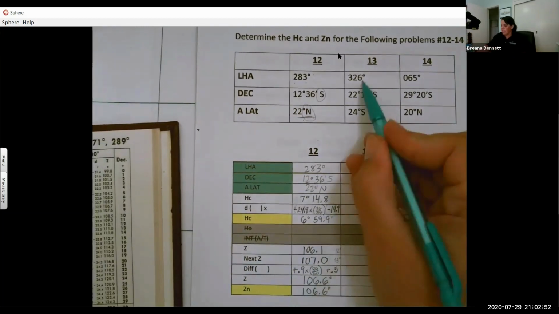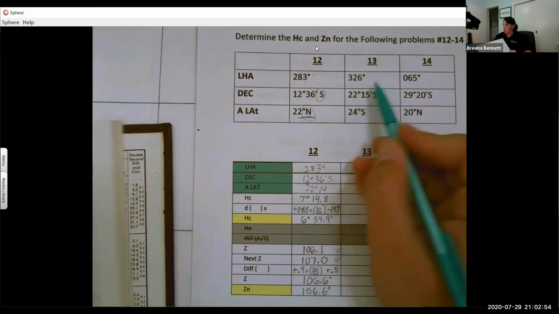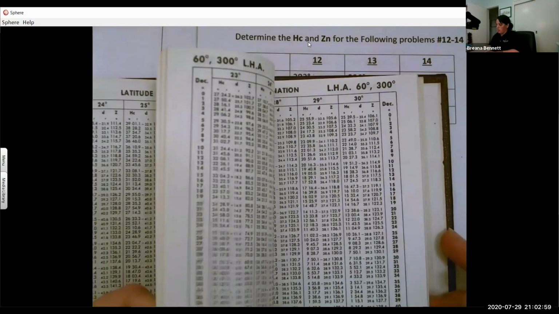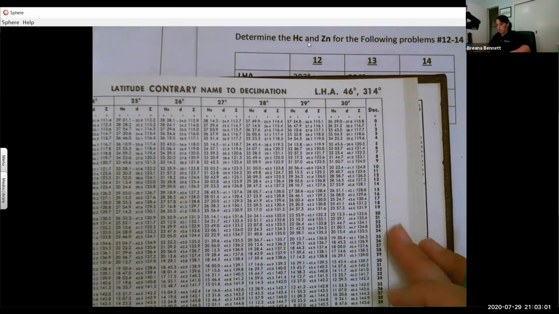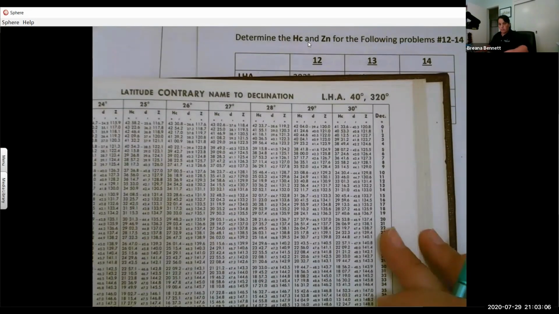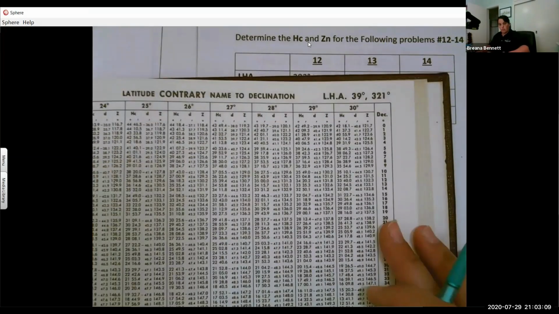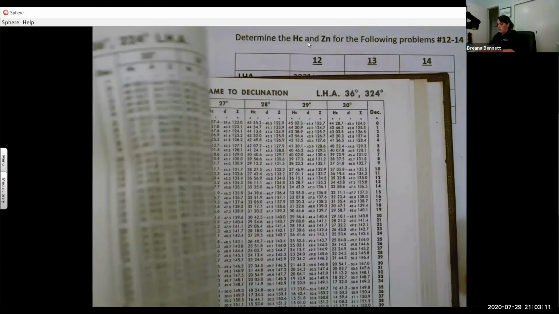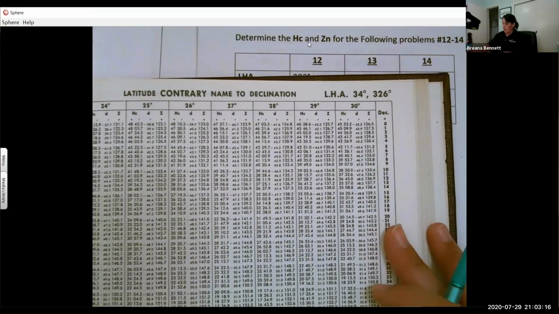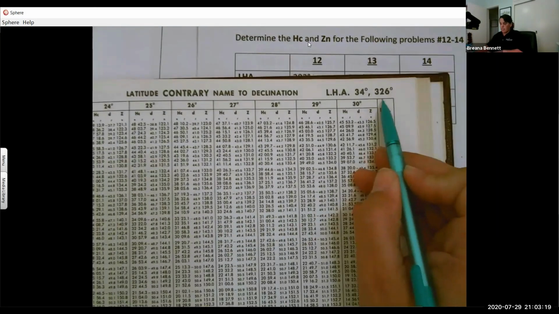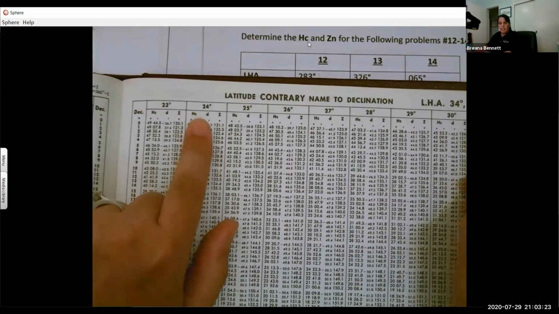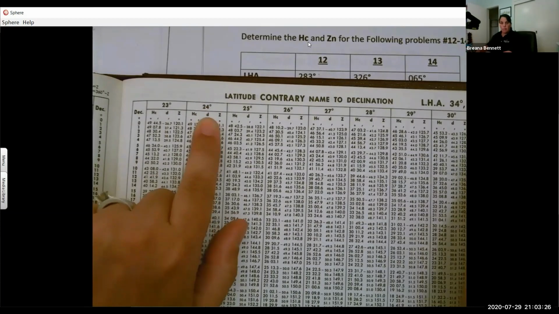And then I have an LHA of 326. Okay, so I have a LHA of 326 and a latitude of 24 on the same page.